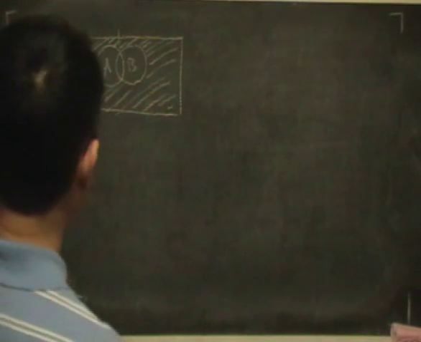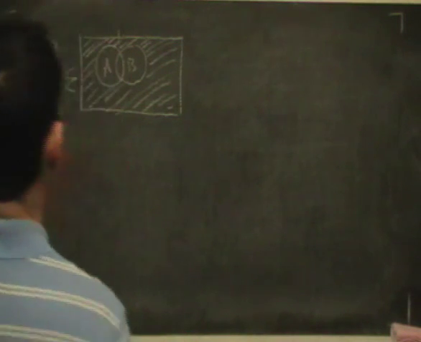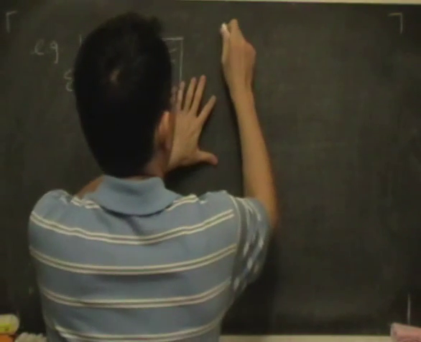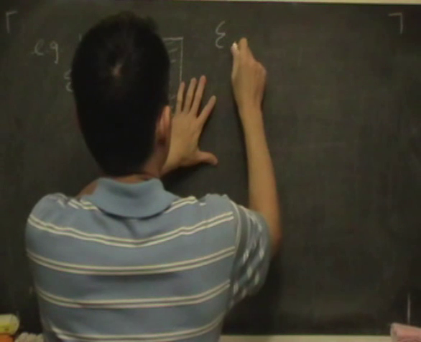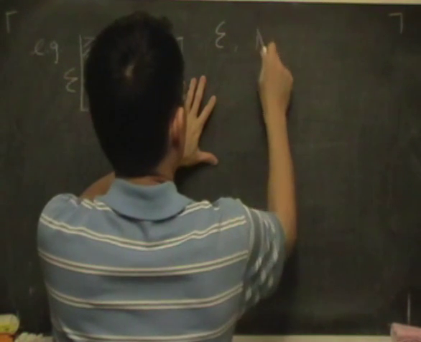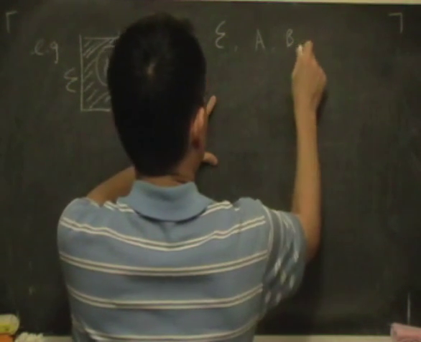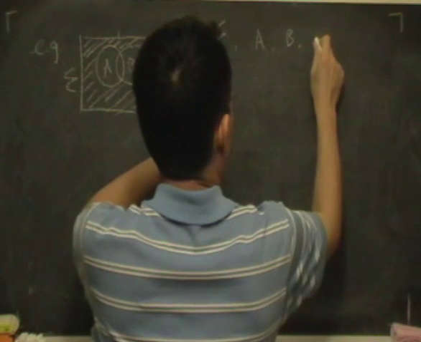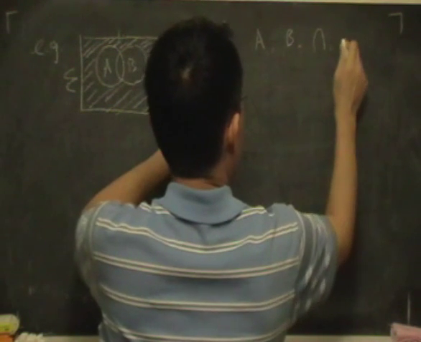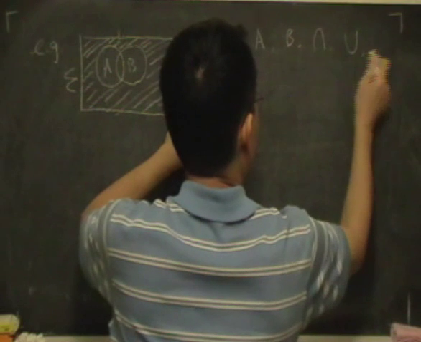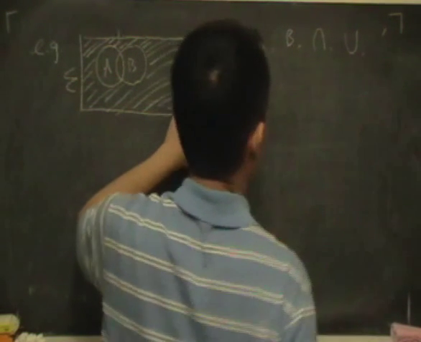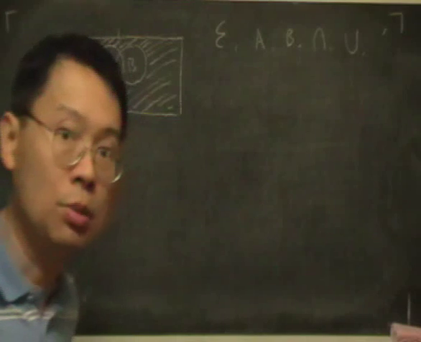So let's write down the things that we need to use. We need to use the symbols E, A, B, intersection, union, and the apostrophe, the complement.